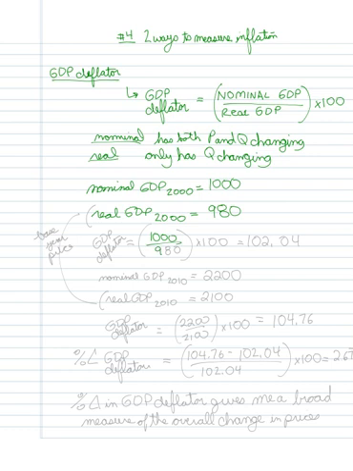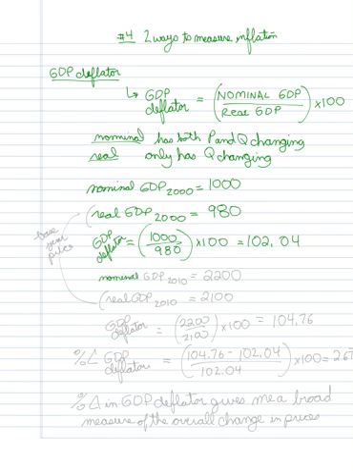Then 1,000 over 980 times 100 is going to give me 102.04. Okay, so that's my GDP deflator number.